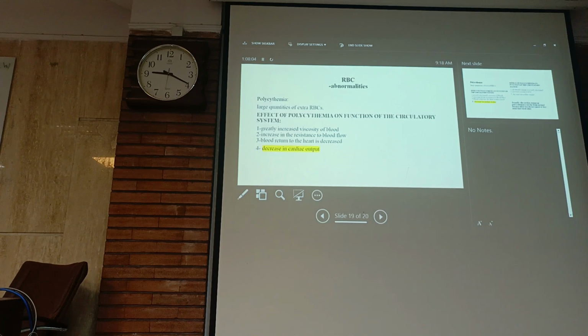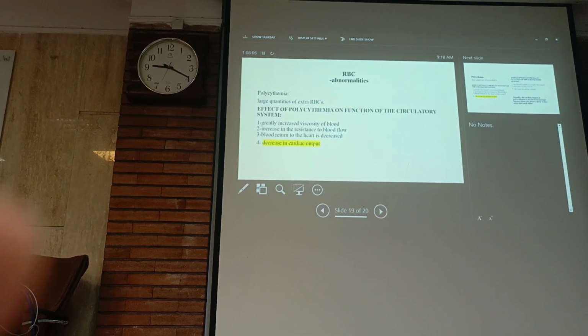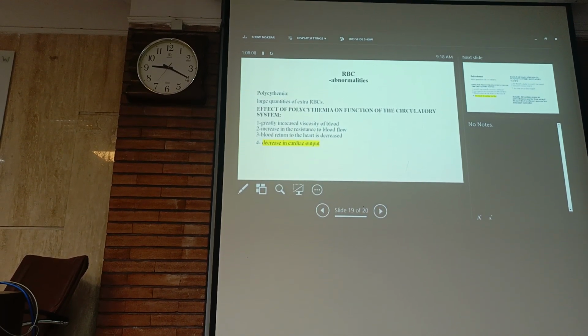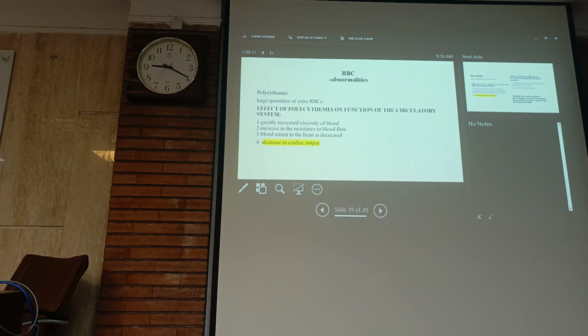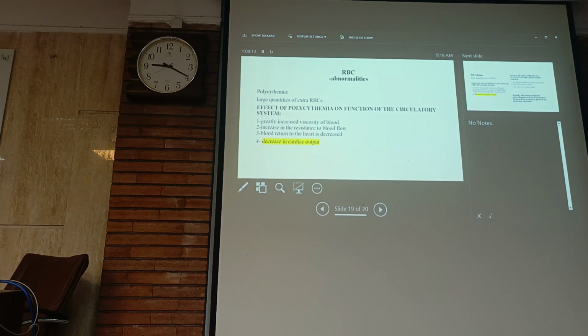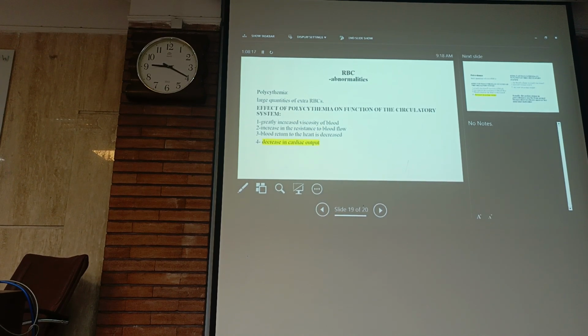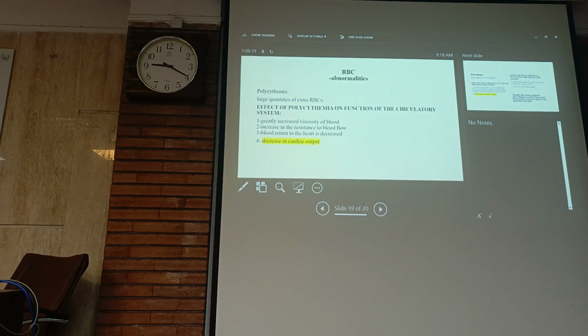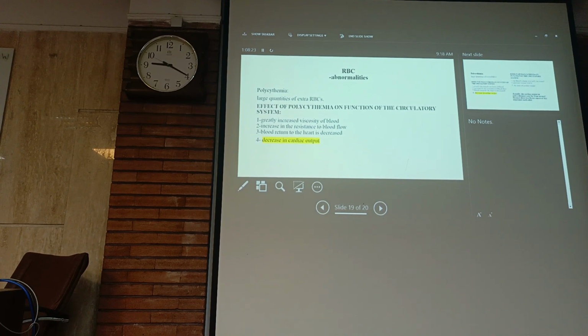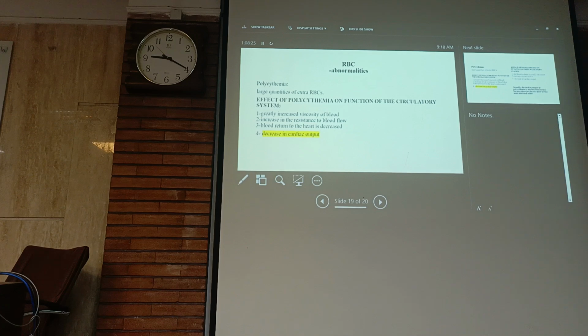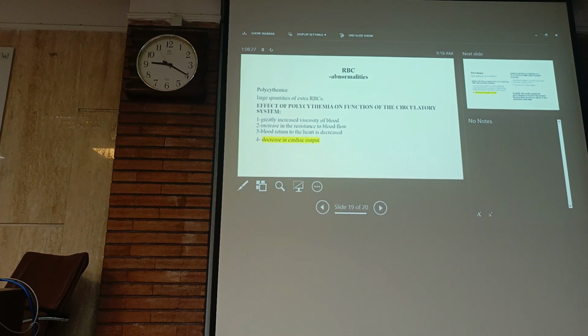But what is the effect of polycythemia on blood circulation? At first, we have an increase in blood viscosity. So we have an increase in resistance of blood flow, decrease in blood return, and finally decrease in cardiac output.